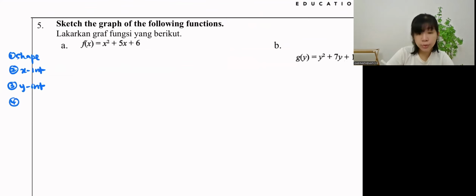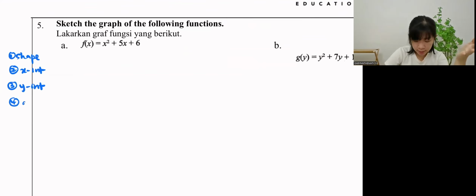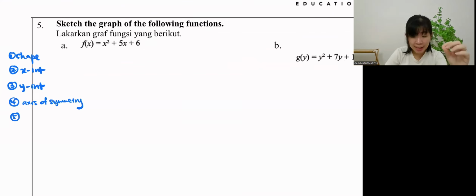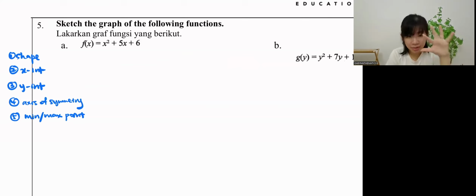Fourth, we have to find the axis of symmetry, the line in the middle. Number 5, we have to determine whether it is a minimum or maximum point, then find the coordinate. So we need to know these 5 things before we sketch the graph.